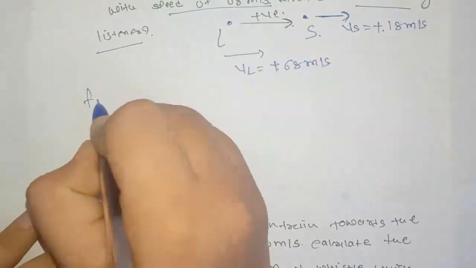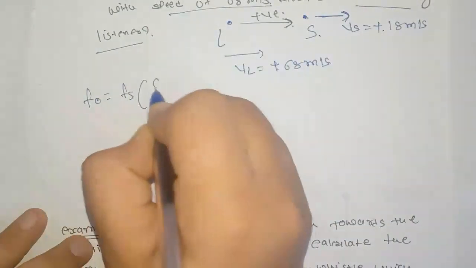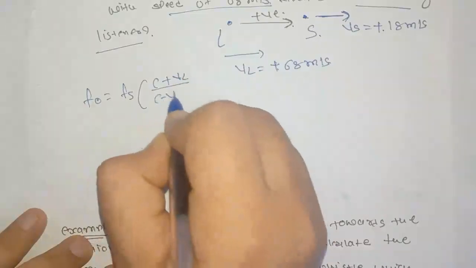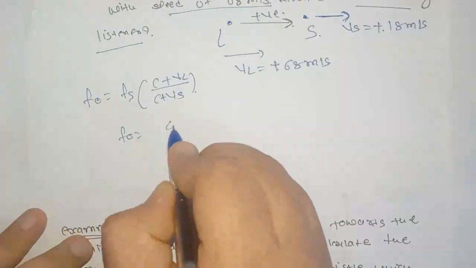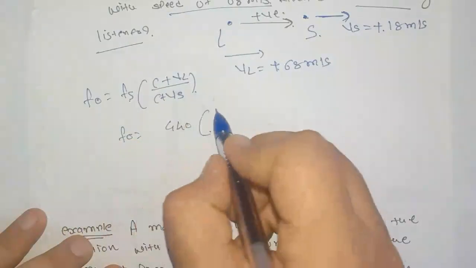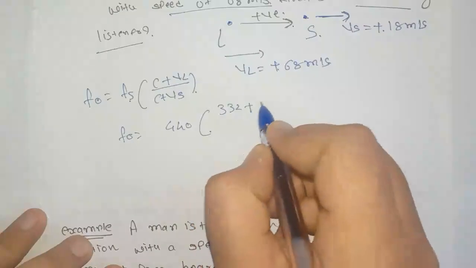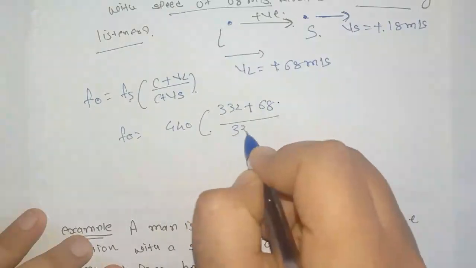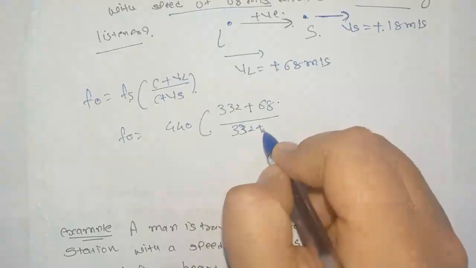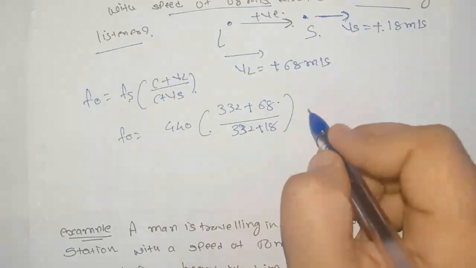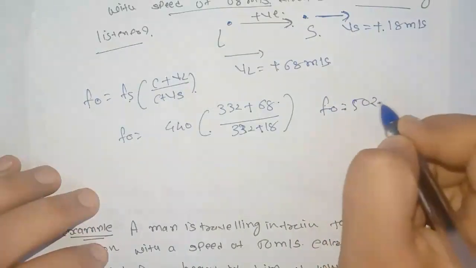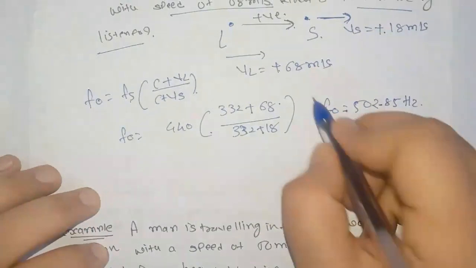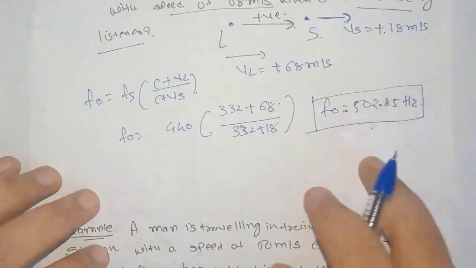So F observed will be Fs into C plus VL divided by C plus Vs. The actual frequency is 440 Hz. C is 332 plus 68 divided by 332 plus 18. So this will give us the answer 502.85 Hz. This is more than the actual frequency.